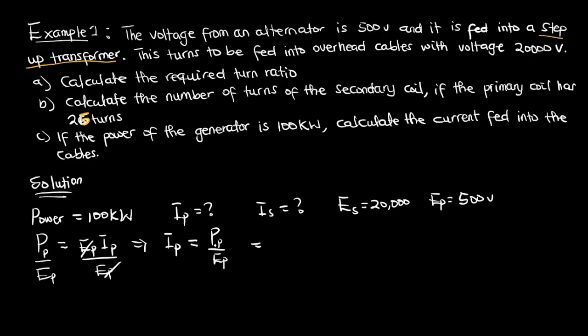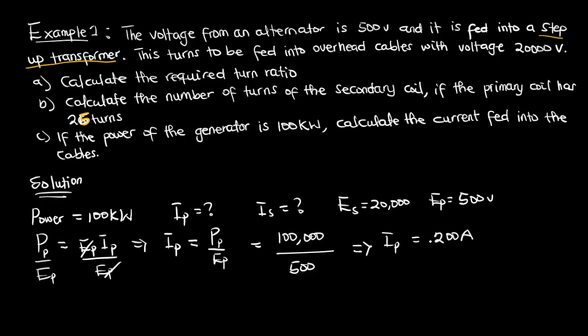So our power, which is 100,000 (K is times 10 to the power 3, so 3 more zeros), over the initial potential difference EP, which is 500. So my primary current is equal to 100,000 divided by 500, and this will give me 200 amperes as my answer.